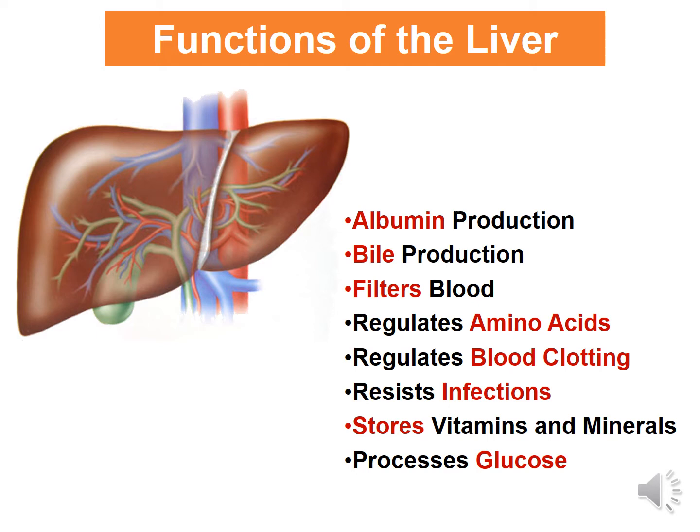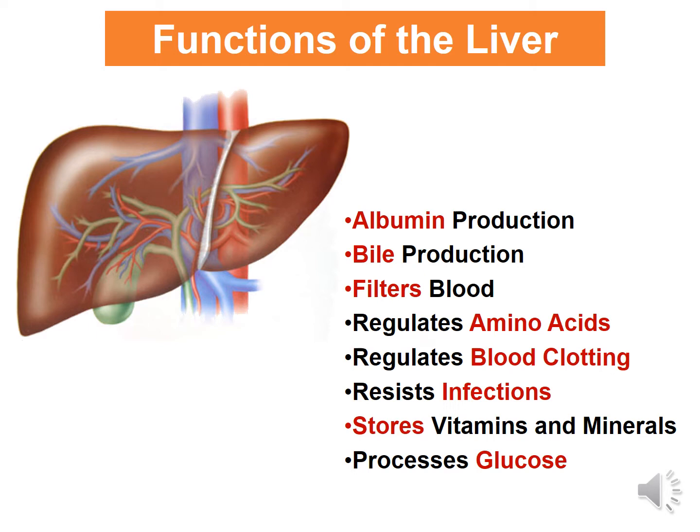It also regulates blood clotting. Blood clotting coagulants are created using vitamin K, which can only be absorbed with the help of bile, a fluid the liver produces. It also resists infections. As part of the filtering process, the liver removes bacteria from the bloodstream.